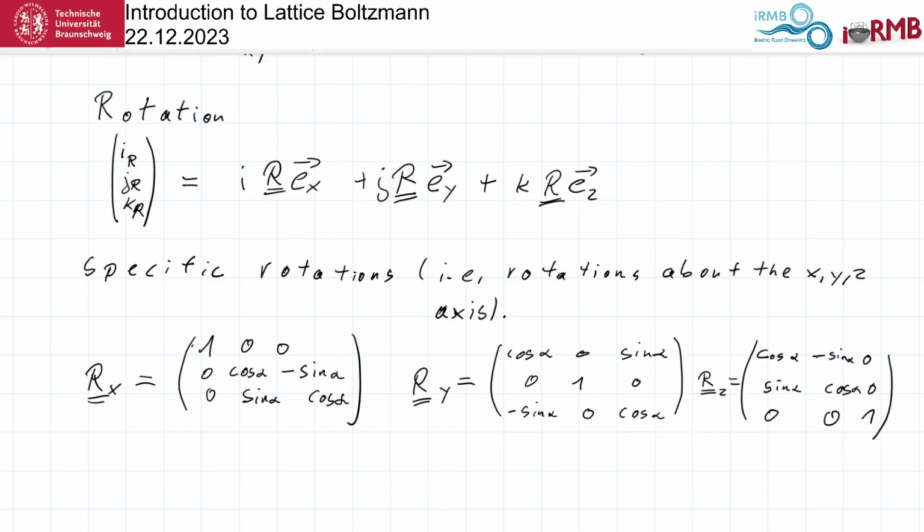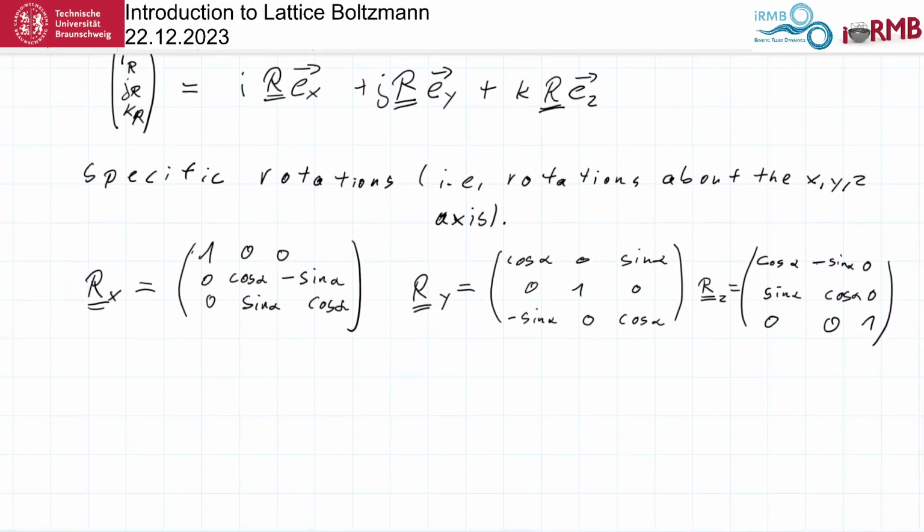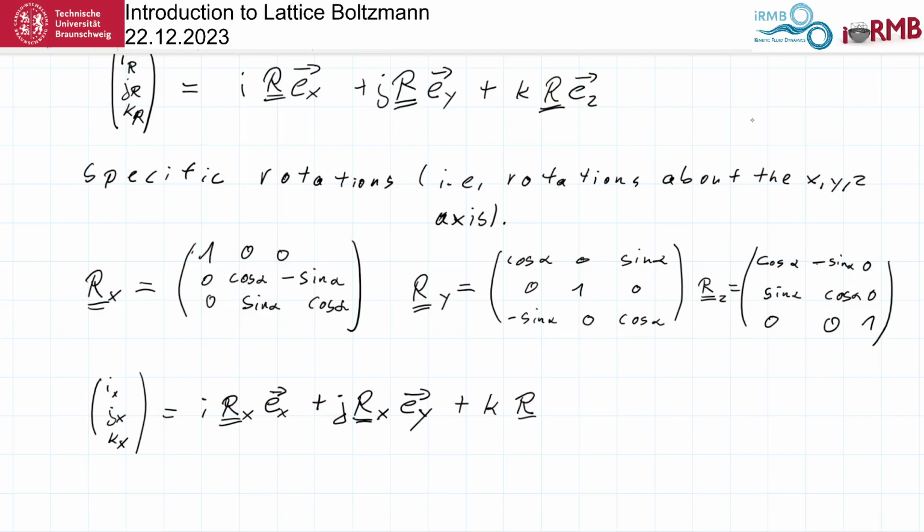So if now we rotate, we'll use the following nomenclature. If we rotate things about the x-axis, I will call this ix, jx, and kx, and this would mean that I have i times Rx e_x, plus j times Rx e_y, plus k times Rx e_z.